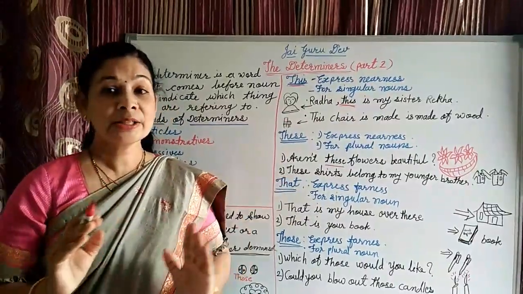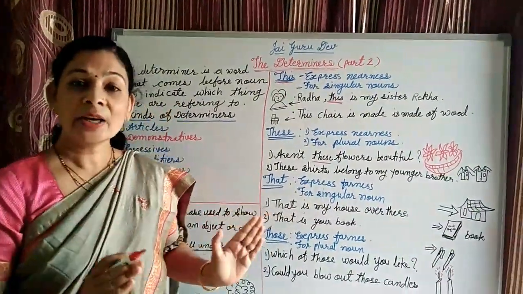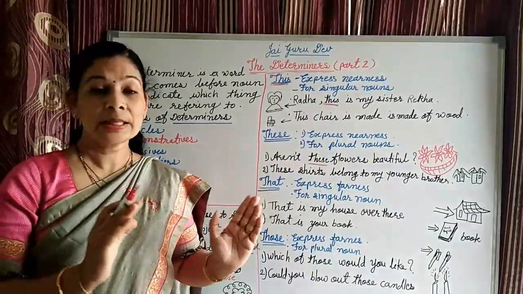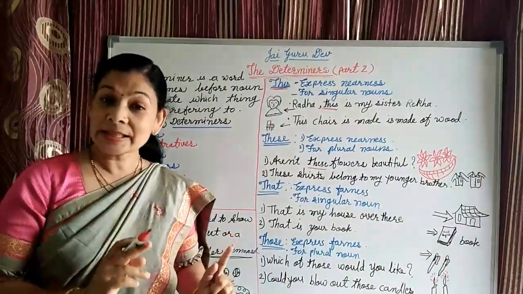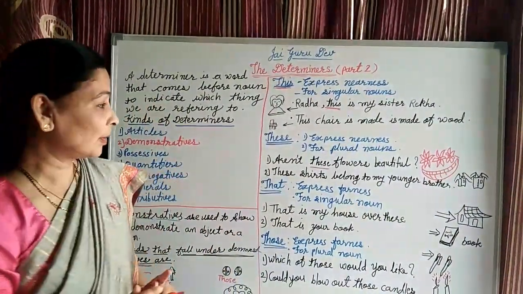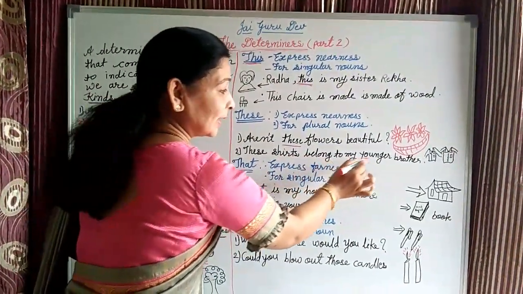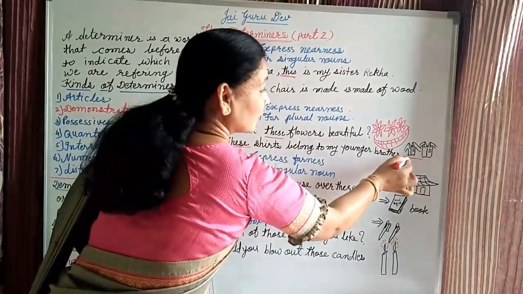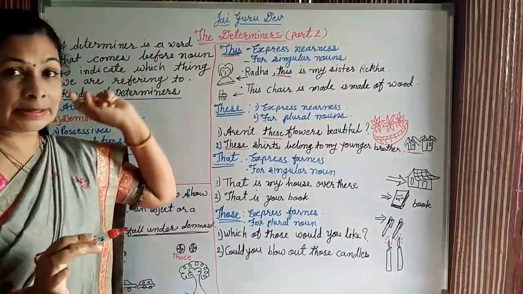So these is used for plural things which are near us. Therefore, there is only one difference between this and these: this is used for a singular noun and these is used for a plural noun. Second sentence: these shirts belong to my younger brother. These is the plural form of this.